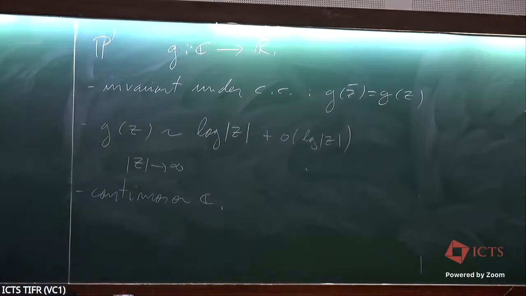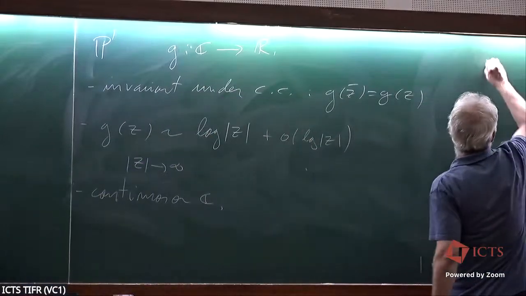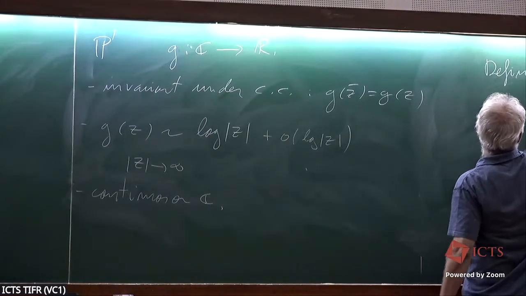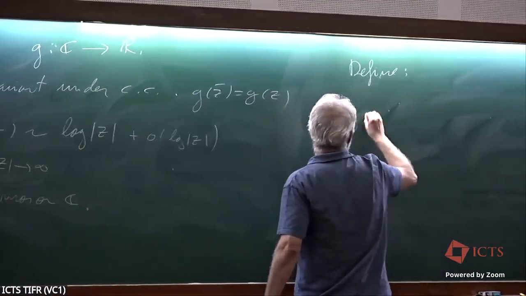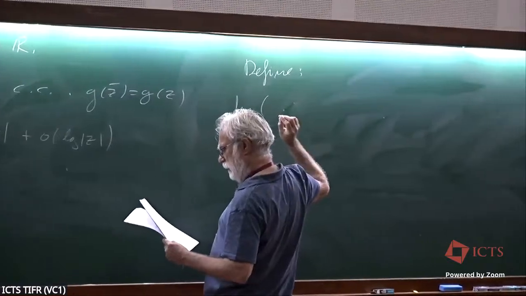Okay, so I give myself just a function on C that is continuous, of course, because if it is not continuous on C, then I will not be able to do many things. So it's a function on C, which is continuous on C, and that has this asymptotic when I approach the point at infinity. And then I define the height g of the point alpha.